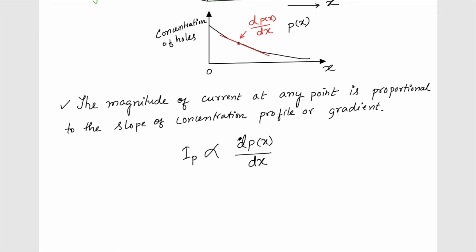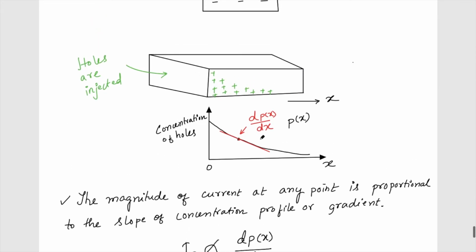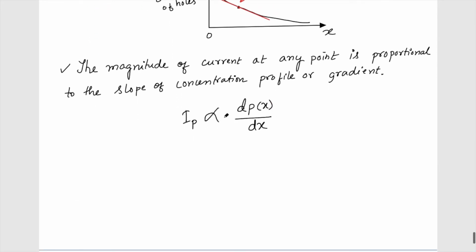However, we have to be careful because the slope here is negative, whereas the holes will flow from the higher concentration to the lower concentration. So the holes will flow in this direction, and the direction of the current also will be in this direction. So we need to use a negative to cancel this negative slope, so Ip will become positive.